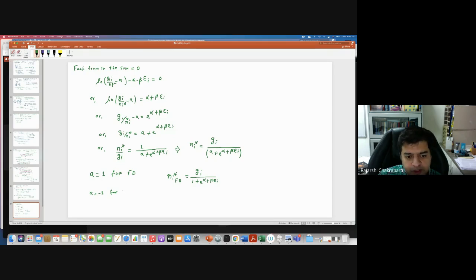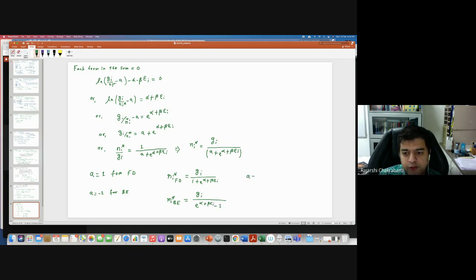So ni star Bose-Einstein is equal to gi divided by e to the power minus alpha plus beta epsilon I, minus 1.